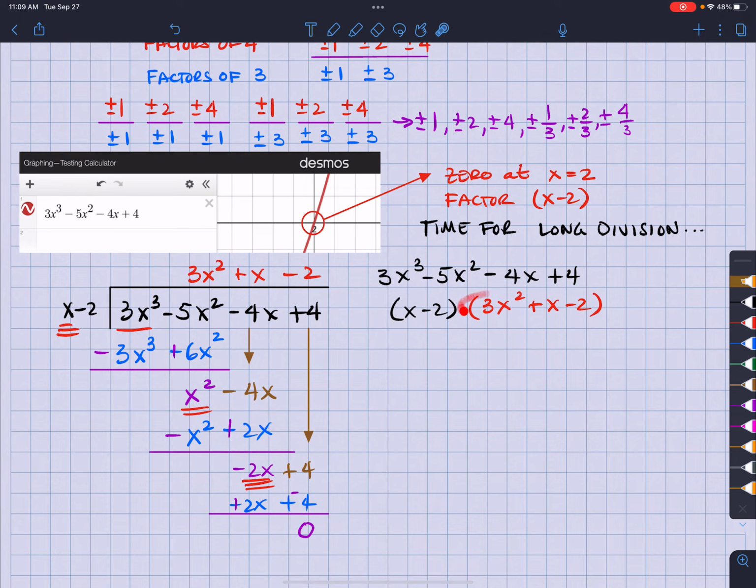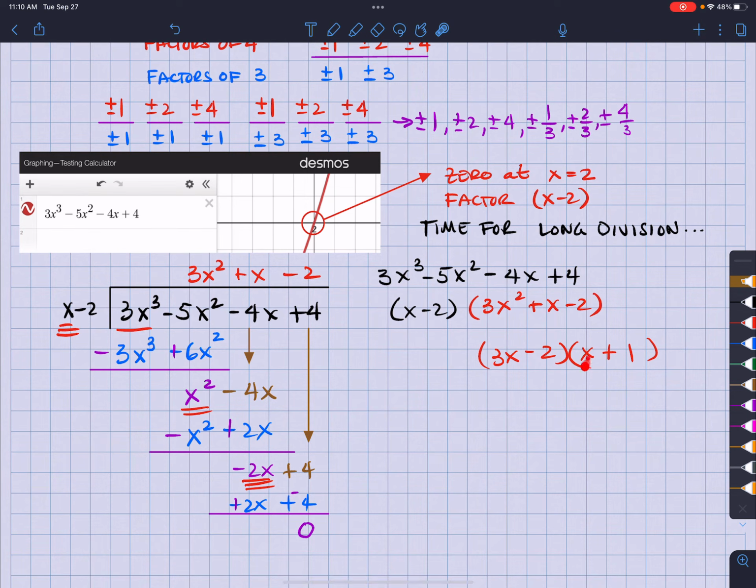Question is, can I factor this, right? So let's see. If I was to factor this, I know it's going to be 3x and x. It's either going to be a 2 and 1 or 1 and 2. Well, with 6 and 1, my outer and inner are not going to give me a 1. If I do 2 and 1, my outer gives me a 3, so that has to be positive, and my inner has to be negative, right?